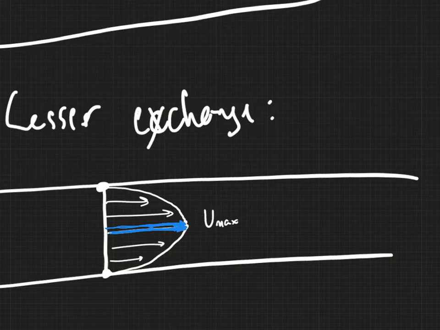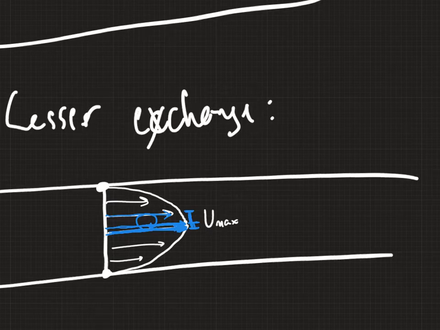But what would happen if instead of just communicating with the layer right next to it, it had a big eddy? Now it's communicating with this one over here, and that one over there is communicating with the one in the middle. When you think about that, you realize that instead of these two layers right here being close in velocity, these two are going to be close in velocity, because now it's exchanging over a much larger area.